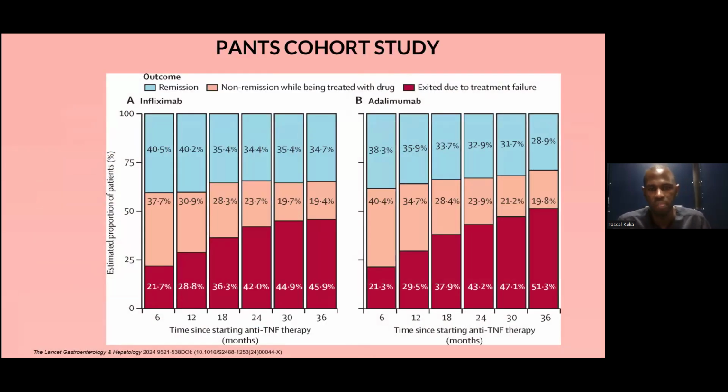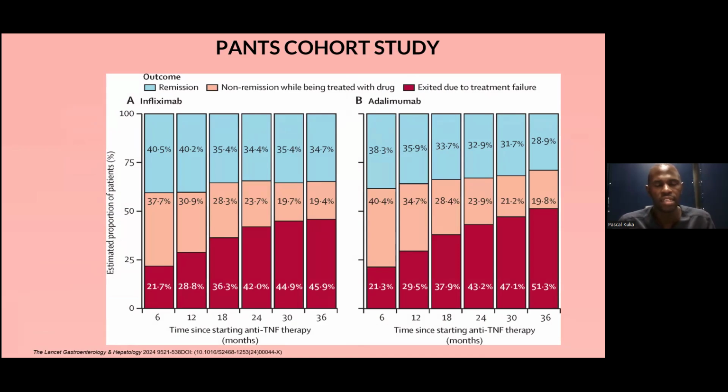So back to the PANS cohort study, the same study looked at patients who've been on anti-TNFs for up to 36 months. It has been shown that progressively there are more and more patients who develop treatment failure. At about 36 months, only between 30 to 40% of patients were actually in remission, as opposed to those who exited due to treatment failure.